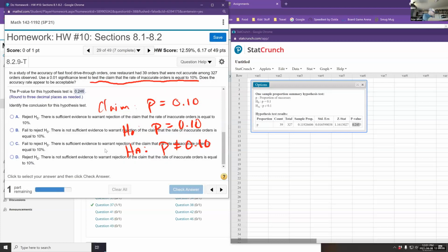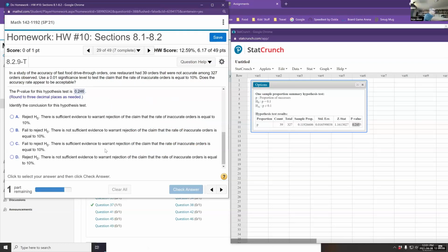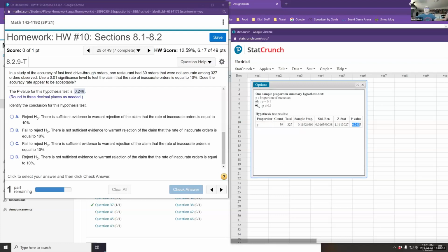Okay, so now to draw the conclusion, we'd like to have some idea of what that p-value means. So the p-value is the probability that we would get the sample the way we did if the null hypothesis was true. So our null hypothesis, which is also summarized in my little StatCrunch box here, was that the proportion of incorrect orders is 10%.